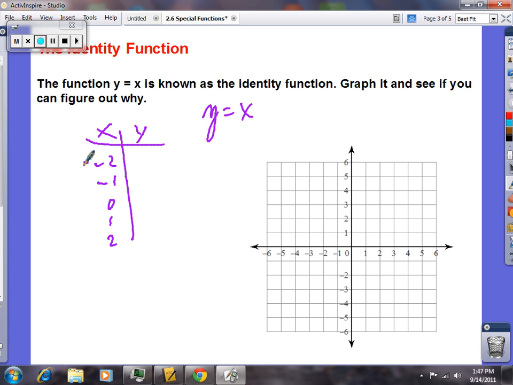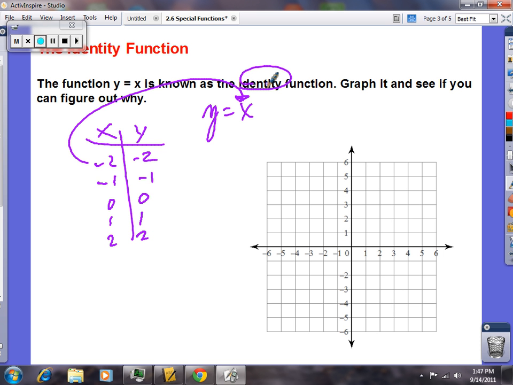Plug a -2 in for x, and what do you get for y? You get -2. You plug -1 in, and what do you get out? You plug 0 in, what do you get out? So no matter what you plug in, you get out the exact same thing. That's why it's called the identity function. Whatever you plug in, that's what you get out.